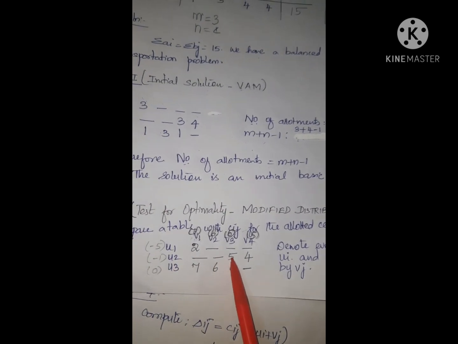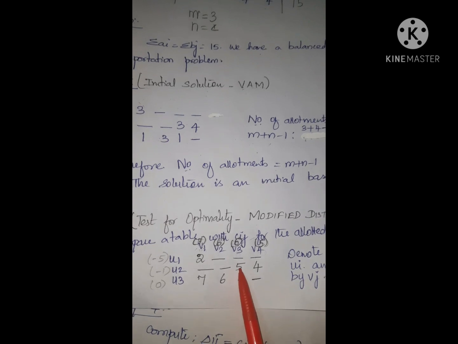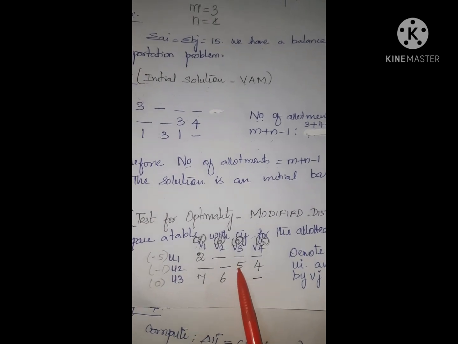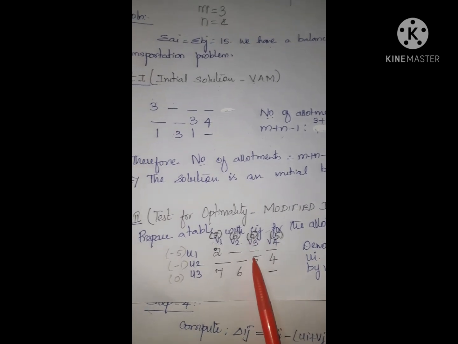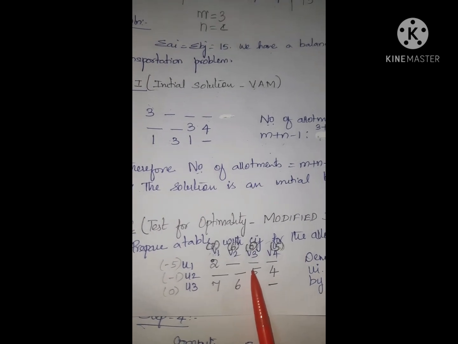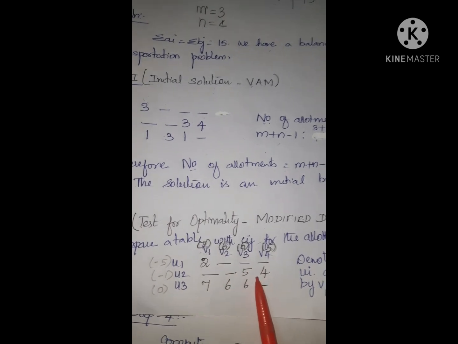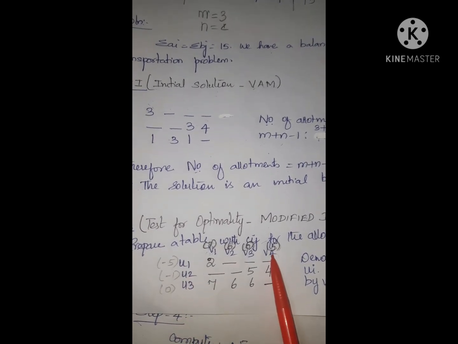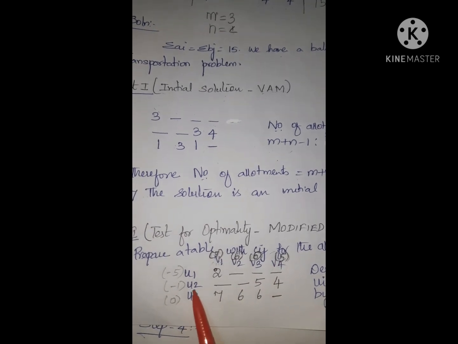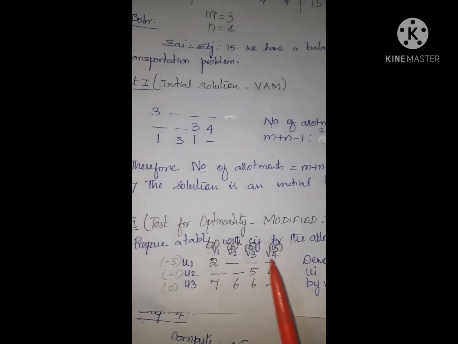Now the next occupied cell we find in the second row, whose cost value is 5. So 5 corresponds to u2 and v3. Our equation will be u2 plus v3 equal to 5. The next occupied cell has the cost value 4. Therefore 4 lies for u2 and v4, which gives the equation u2 plus v4 equal to 4.